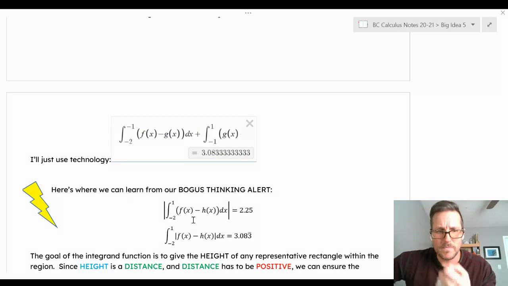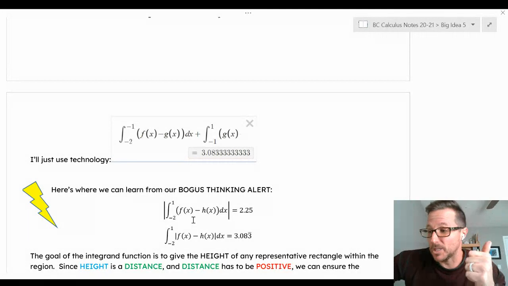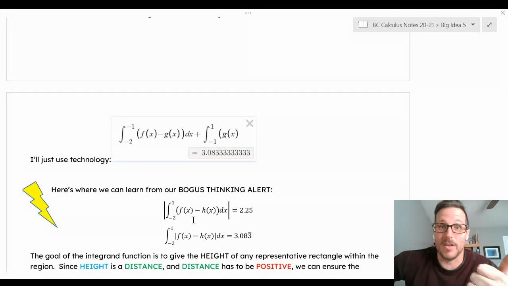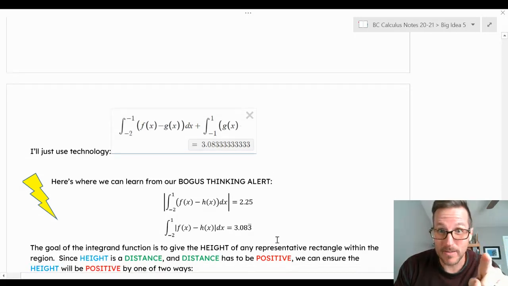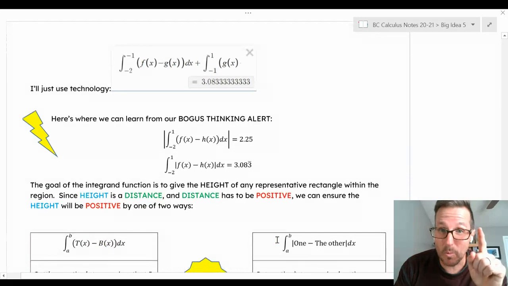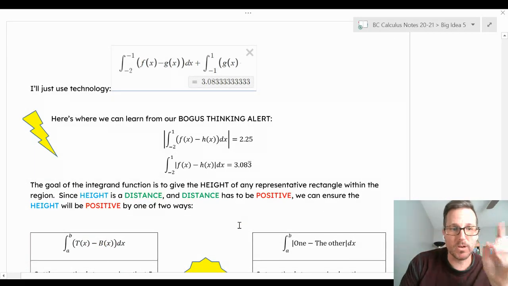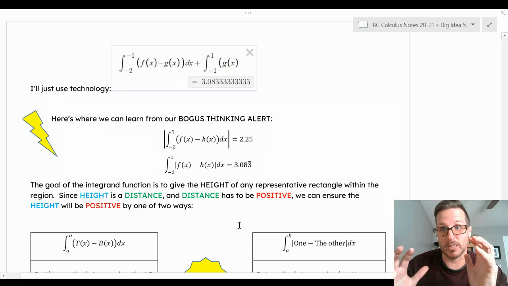So is there some kind of shortcut? Is there some kind of cheat for the system here that I can just make sure that I get the right area for any region without worrying about who's top and who's bottom? There is. Here's why there is. Right, because the goal of the integrand function is to make it positive.